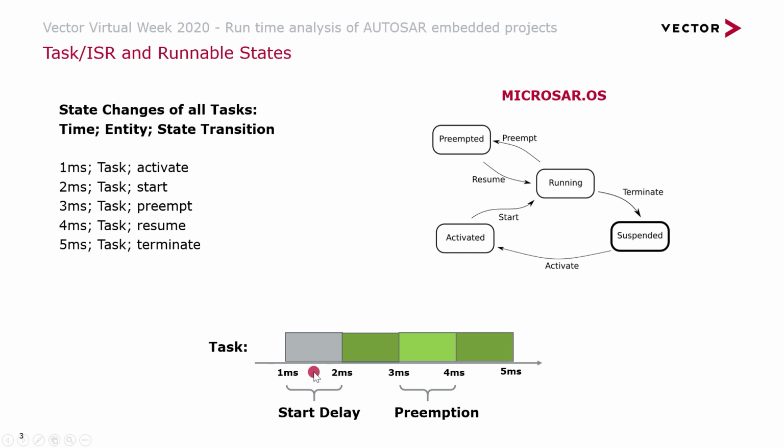This means it was activated, but it wasn't running actively. And you can also see that after 3 milliseconds, it was interrupted again for 1 complete millisecond. This means it looks as if the overall runtime would be 4 milliseconds, but as a matter of fact, the net runtime is only 2 milliseconds. And this can make quite a difference.